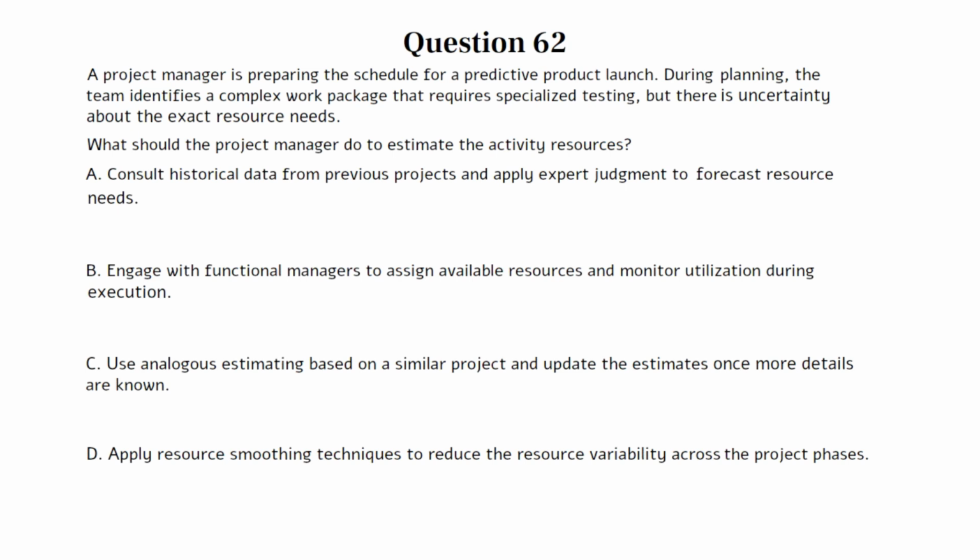B. Engage with functional managers to assign available resources and monitor utilization during execution. C. Use analogous estimating based on a similar project and update the estimates once more details are known. D. Apply resource smoothing techniques to reduce the resource variability across the project phases. You can pause the video here if you need more time to work on the question.